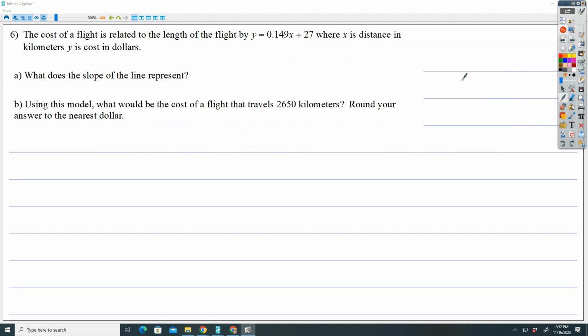So x is the distance, and we're talking about the cost. So the slope represents the additional cost for each, and how are you getting charged?